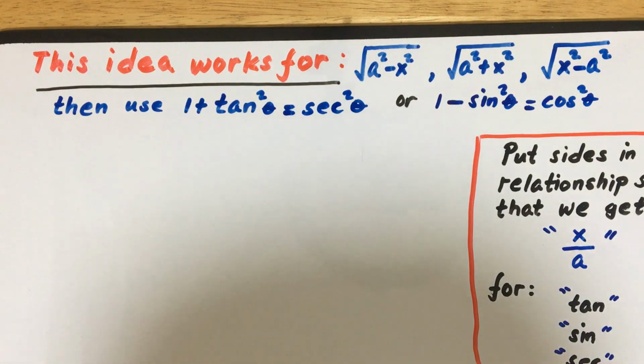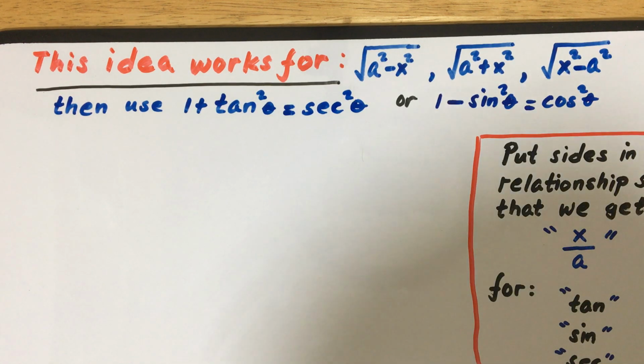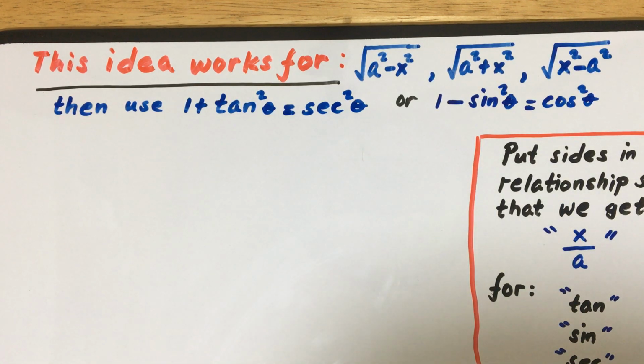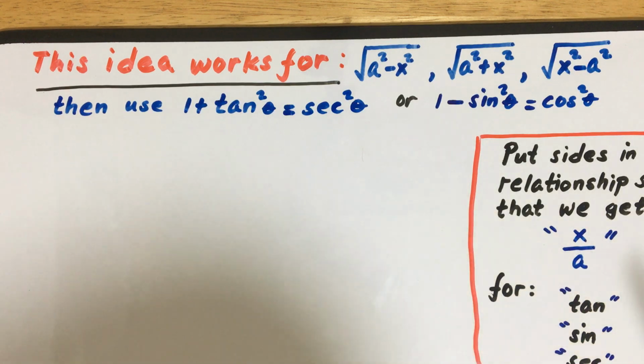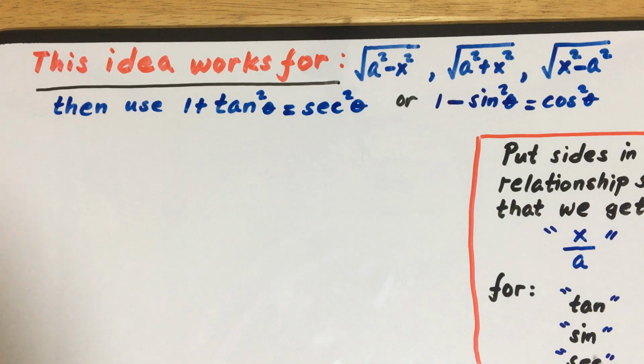So the technique here is that we need to put the sides into relationship such that we get x over a for tangent or sine or secant.